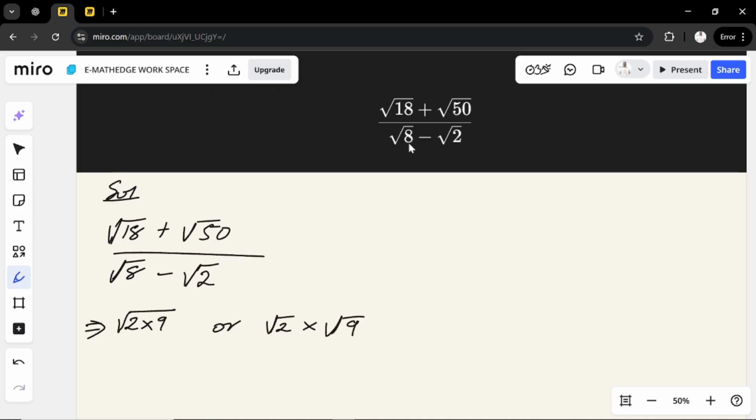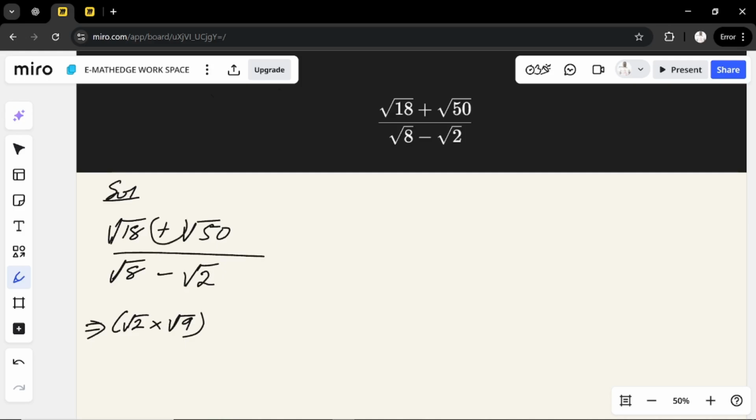This is another form to write the root of 2 multiplied by 9. So let's put it down to make it clearer. The root of 18 is going to give us the root of 2 multiplied by the root of 9.